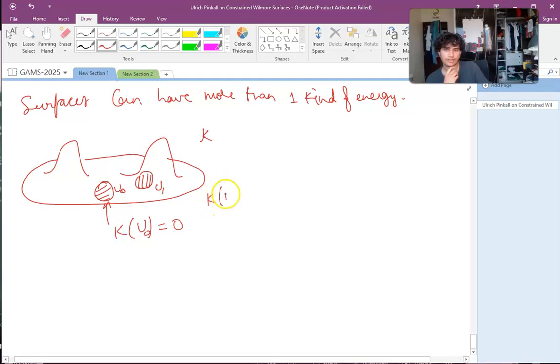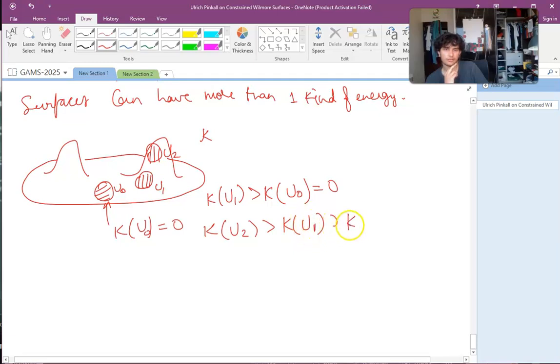So radius of curvature at u1 is greater than radius of curvature at u0, which is equal to 0, right? And similarly, the higher I go up, the larger my radius of curvature becomes. So k of u2 is larger than k of u1. It is also larger than k of u0, sorry.